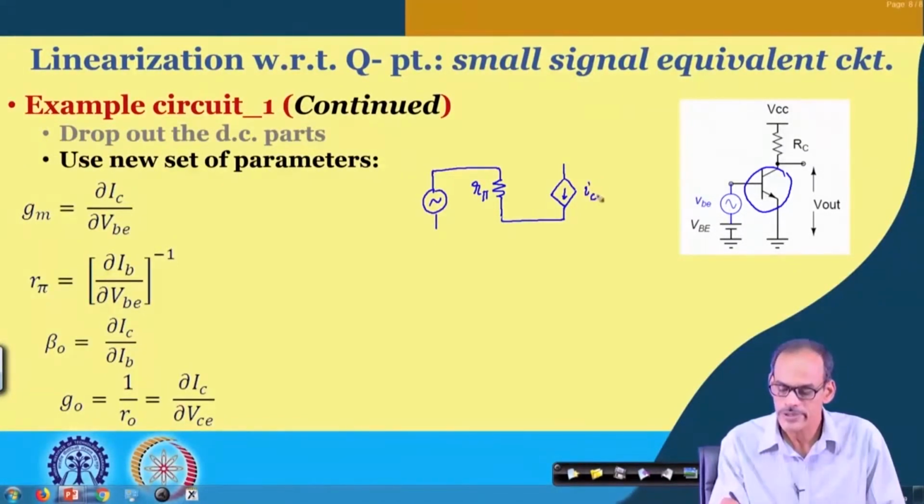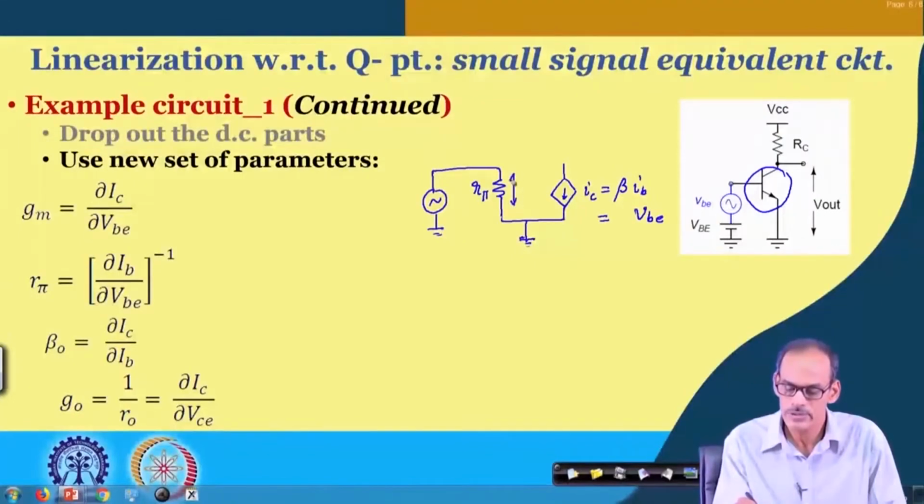So, this is I C; we may write it in terms of I B. In fact, there is another way of writing it, in terms of V B E, whatever voltage is dropped across this base to emitter terminal.